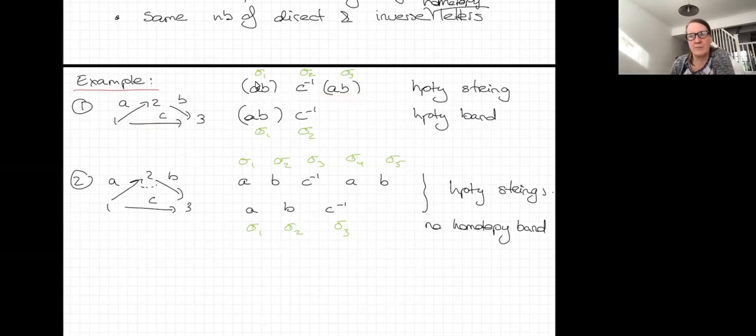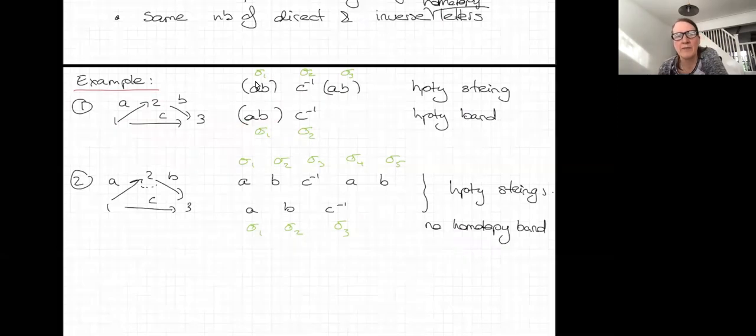This is one example. Or we have in this algebra actually a homotopy band, which is given by AB, C inverse. And this AB is a direct homotopy letter, and C inverse is an inverse. So we have the same number. And it's simply going around the quiver like this.